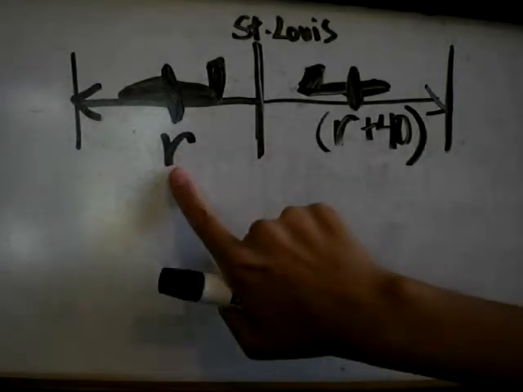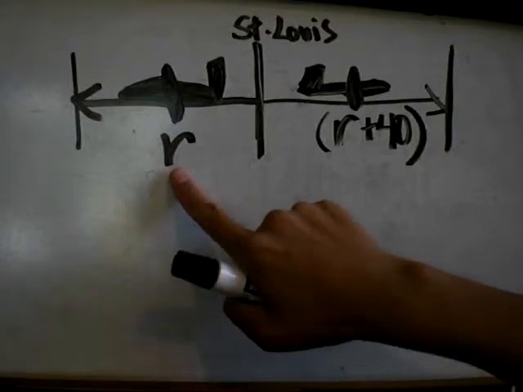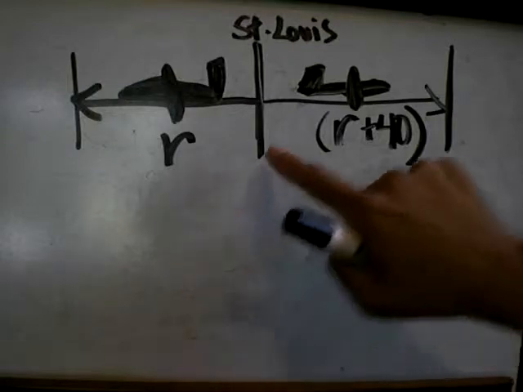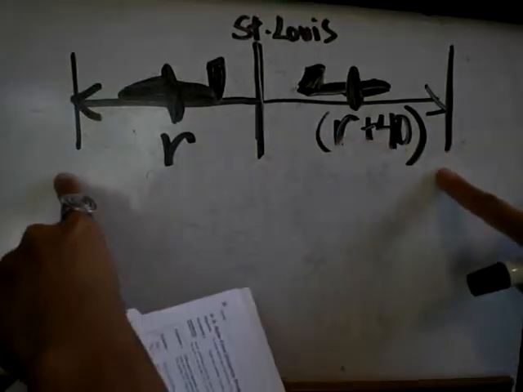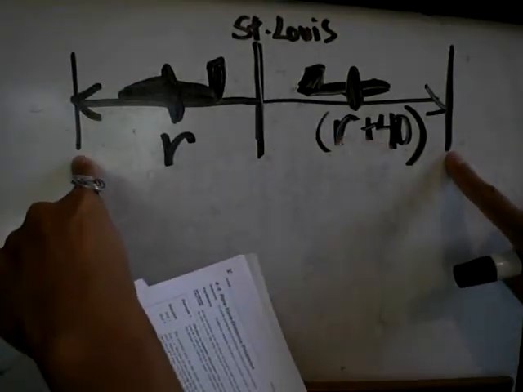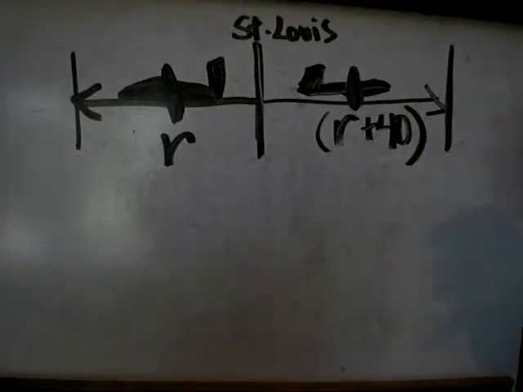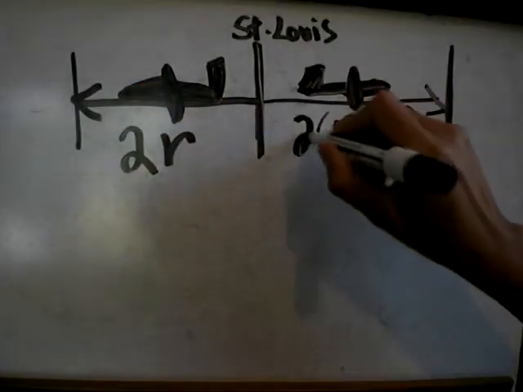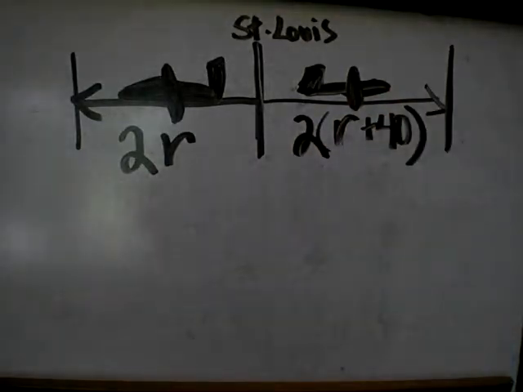So we know that this is the rate, but we have to multiply by the time. They started at 8 o'clock, and when they got to this point it was 10 o'clock, so we know it's been 2 hours. So we have to multiply each one of these by 2.